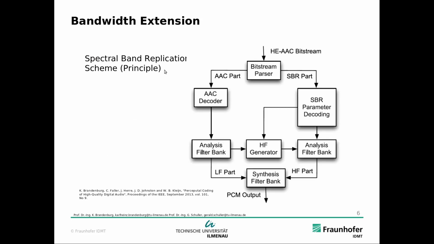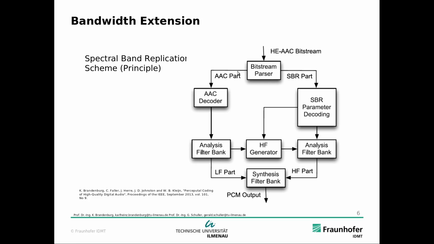So here you can see the spectral band replication scheme, the principle. Here we have the high efficiency AAC bitstream. We get to this bitstream parser. So this is in the decoder part.